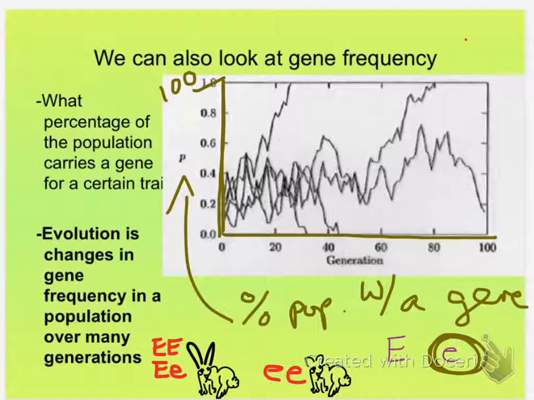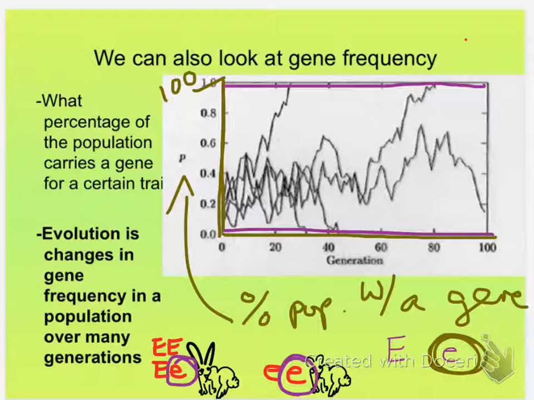So we can look at what percentage of the population is carrying at least 1 copy of this little e. And if nobody in the population has that little e, then our line is right here. 0% of the population has it. If every single rabbit out there has at least 1 copy of that gene, then 100% of our population has it. Okay.